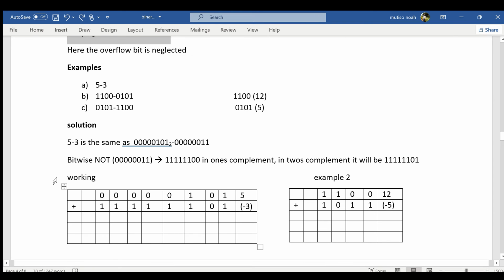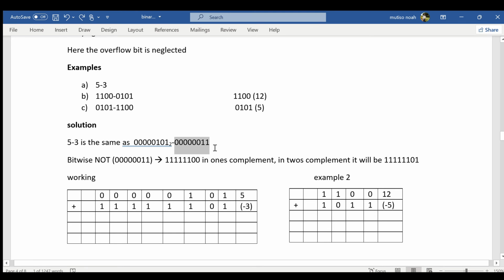So the 5 minus 3 is the same as this one in binary numbers. So we have to write the bitwise not of the number which is subtracted. So we have to write the bitwise not of this number, which is 0 0 0 0 0 0 1 1.